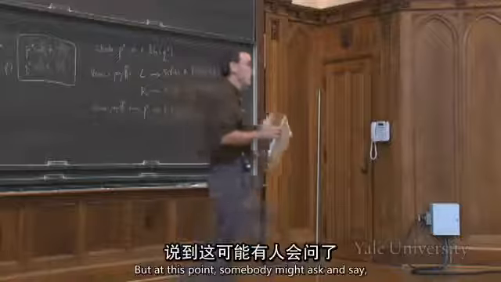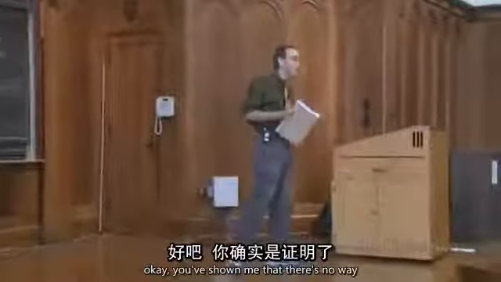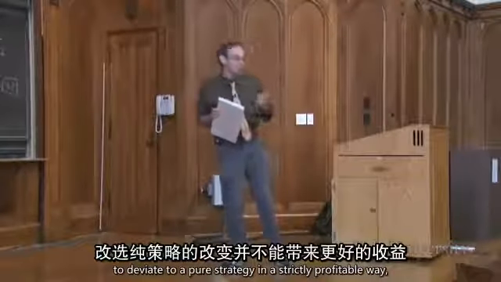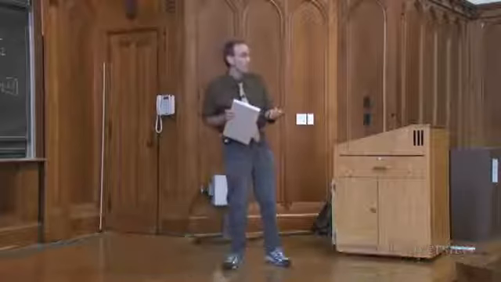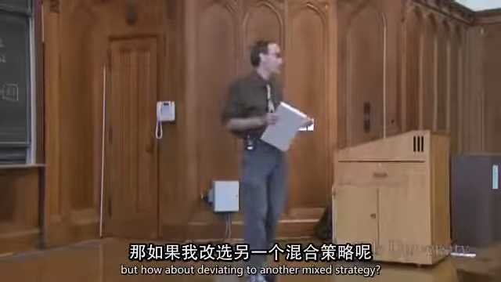But at this point, somebody might ask, okay, you've shown me that there's no way to deviate to a pure strategy in a strictly profitable way. But how about deviating to another mixed strategy?